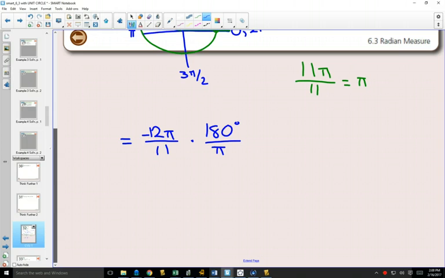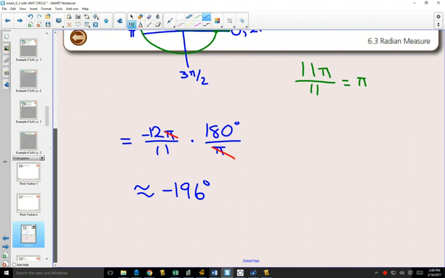When we change from radians to degrees, we multiply by 180 over pi. Now, can you see that the pi's are going to cancel out? And then if you take your calculator out and do negative 12 times 180 divided by 11, you find out that this is approximately negative 196 degrees.